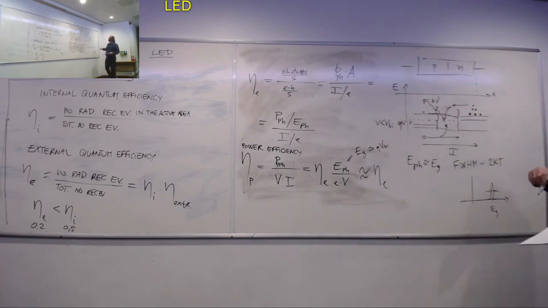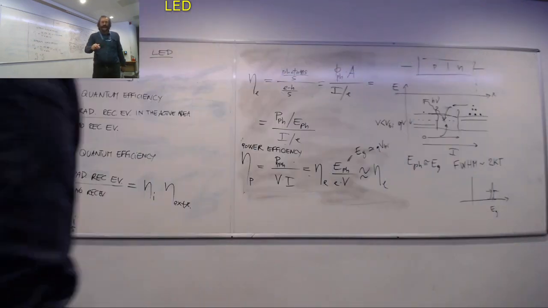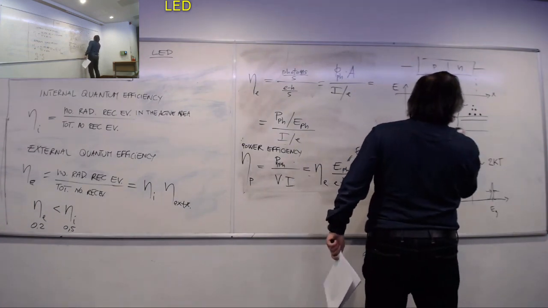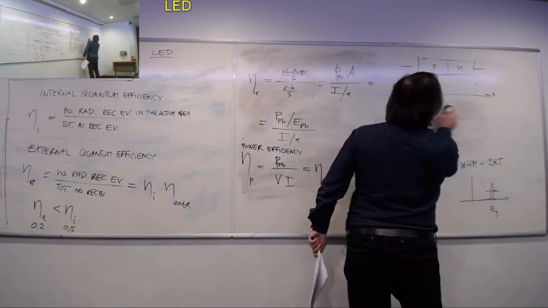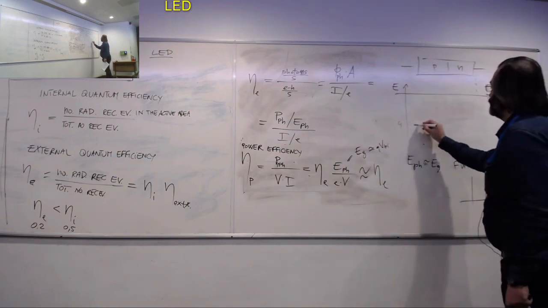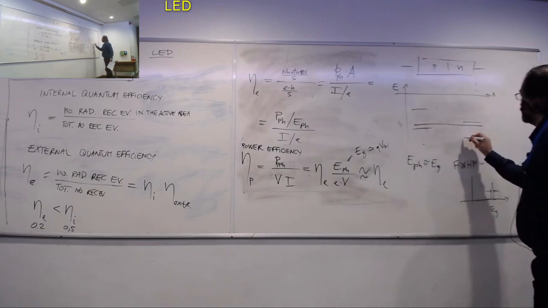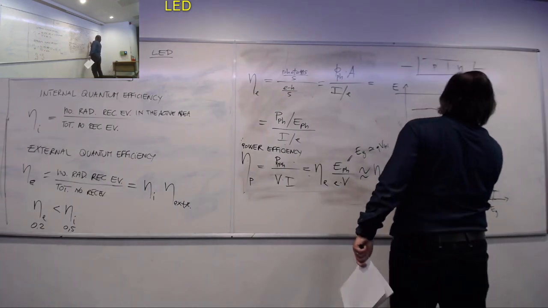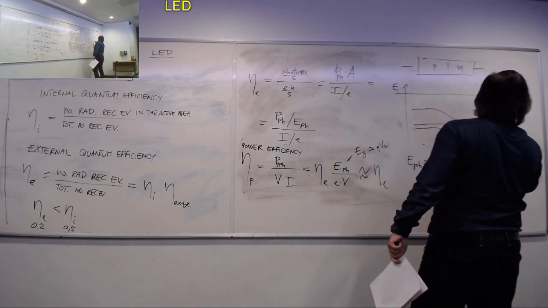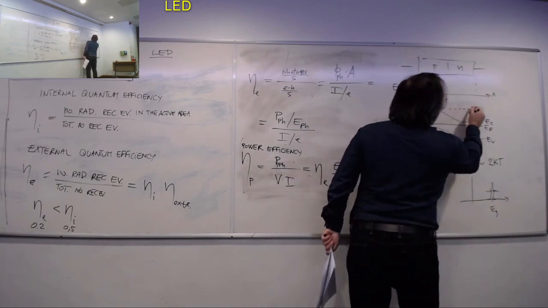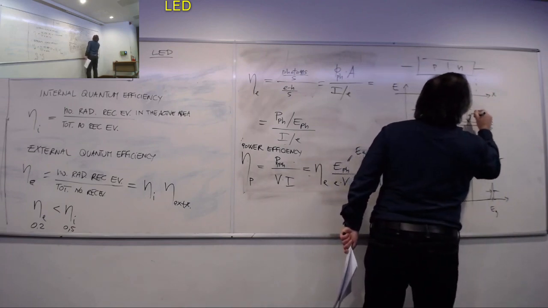VBI, if you remember the pin junction in thermodynamic equilibrium, I'll do it here. The pin junction in thermodynamic equilibrium looked like this. This is the Fermi level, conduction band, valence band. And this was QVBI.